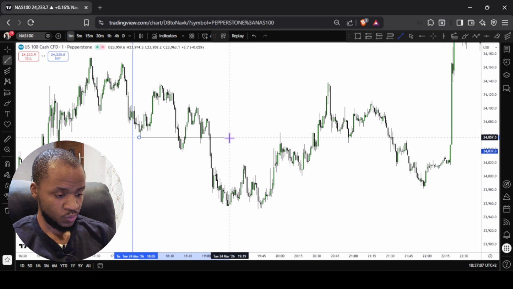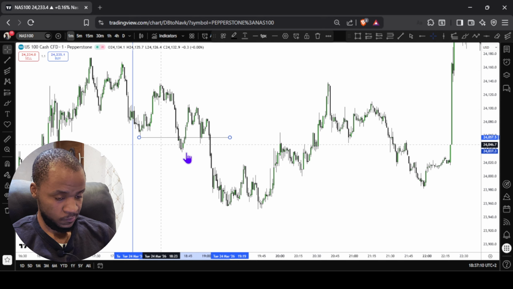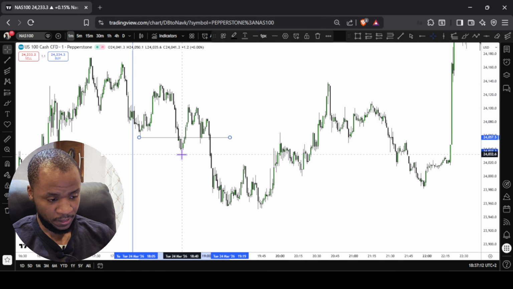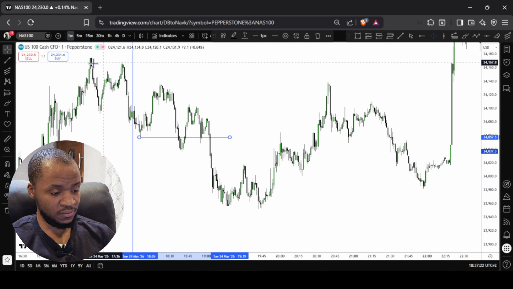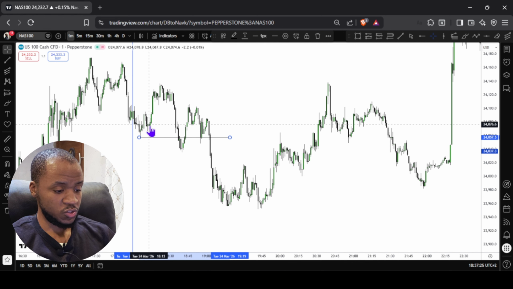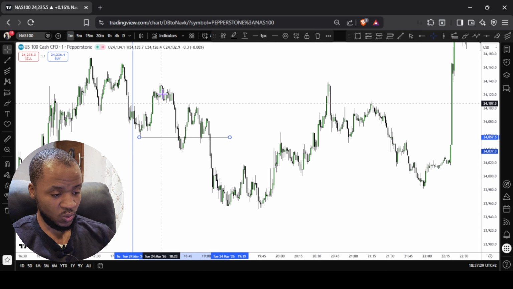When the market breaks it, that tells me that now I have a lower low, and then a lower high here. Why? Simply because I already have a market shift here. So that simply tells me that here, this is what we call a lower low and a lower high.